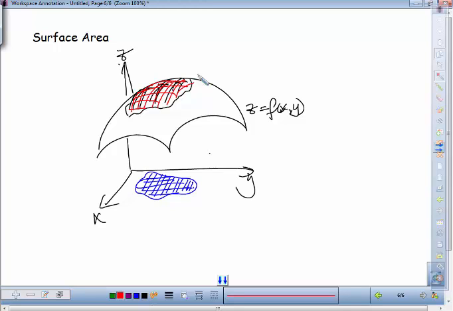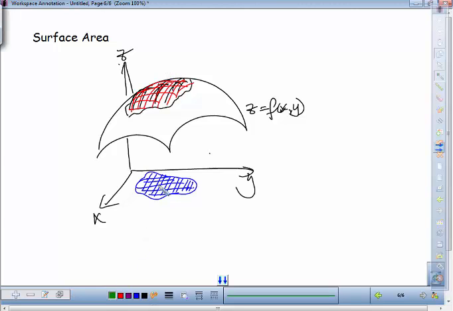Well, they're not really squares, but if we cut them small enough, we can find the area of those squares, because we can find areas of squares and rectangles, right? So although this is actually smooth, if you cut a small enough piece, it looks like it's flat, kind of like the Earth. People thought the Earth was flat because where they lived looked like it was all flat. But when you zoom out far enough, it's actually curved.